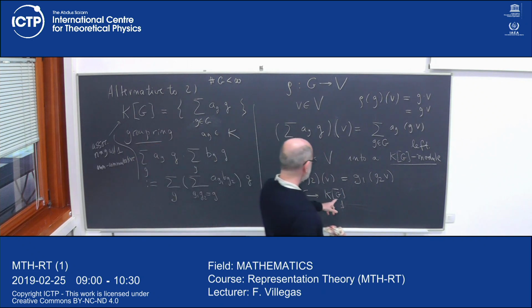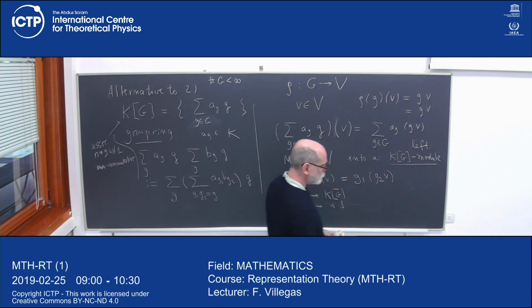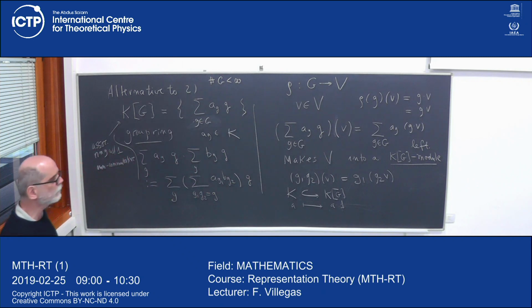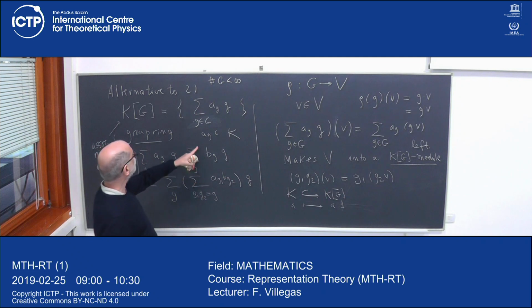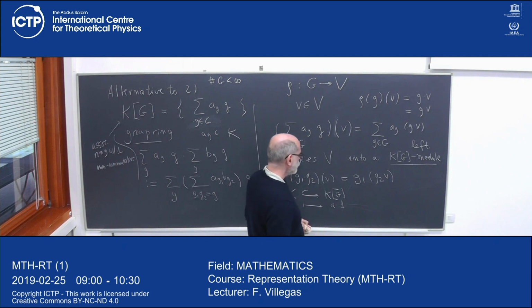And if I give you an element in the group G, you see it as just an element in KG, where this sum consists of one term, g itself, and so you know how to act by g.